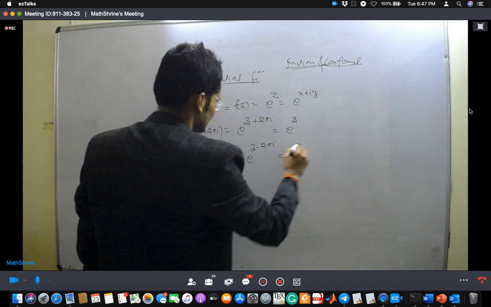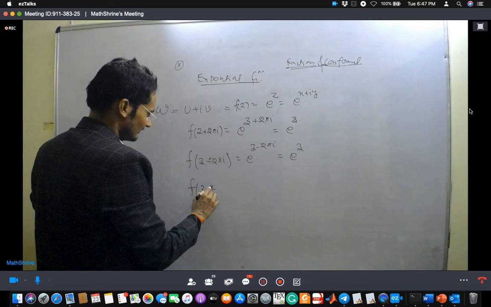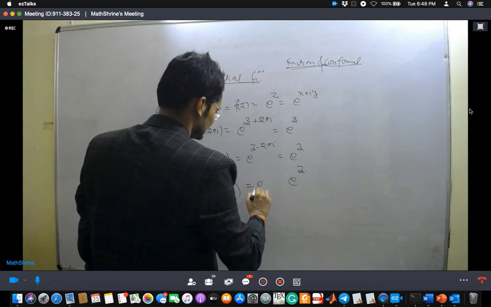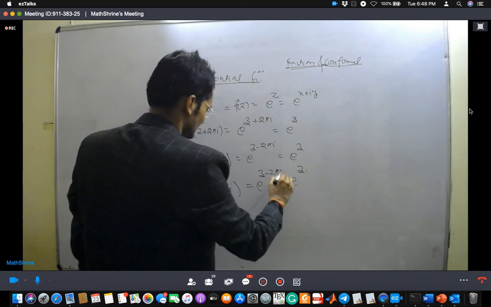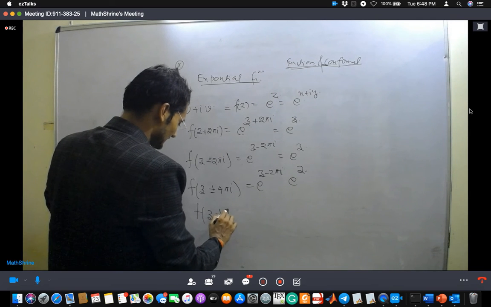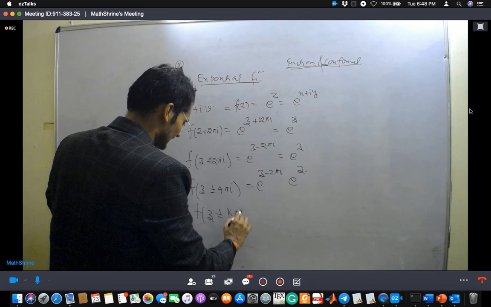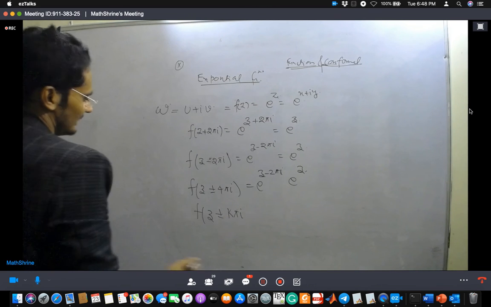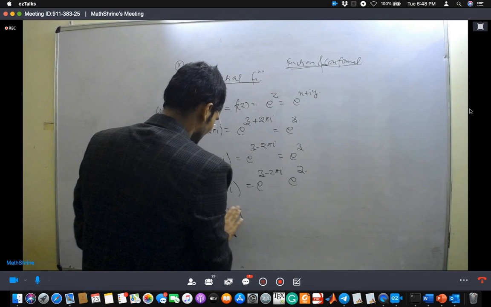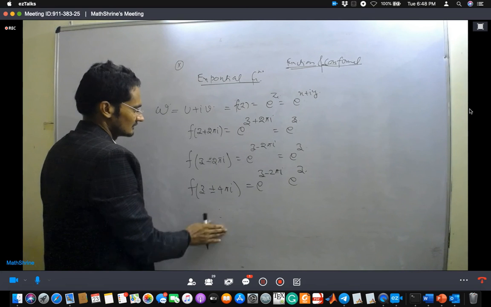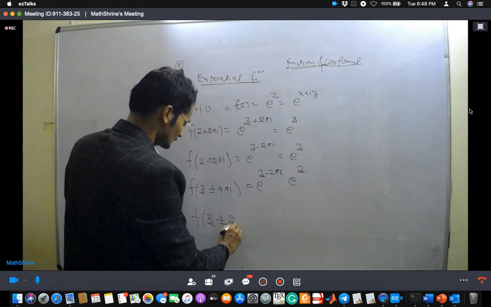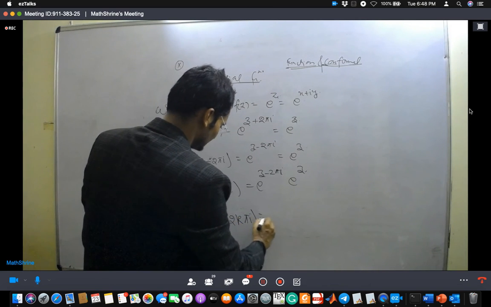So f of z plus or minus 2k pi iota is e to the power z plus or minus 2k pi iota, which equals e to the power z, provided k belongs to the integers only.